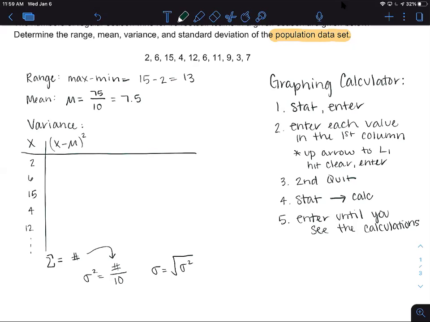X bar is your mean, and then you can scroll down to find, with this, Sx is the sample standard deviation. And then sigma x is your population standard deviation. So then to find your variance, you'll have to square that number.